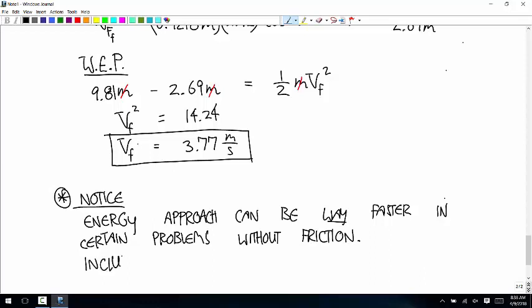Including friction can make it a lot more complicated, a lot harder.